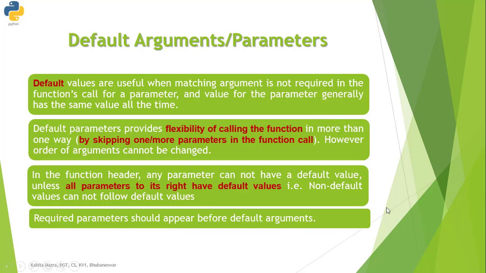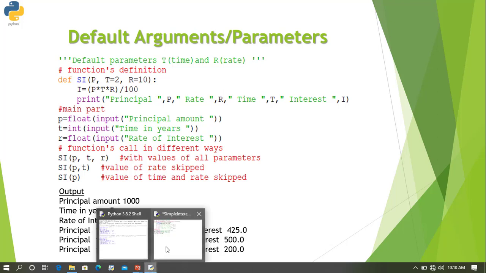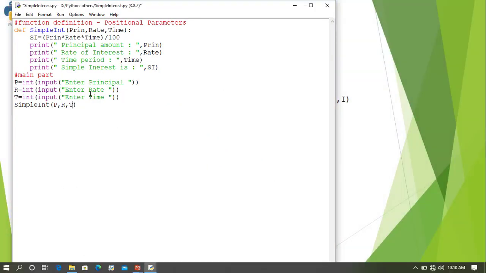And another important thing we have to note is positional or required parameters have to appear before the default arguments. Okay, again let us see the same example of simple interest, live example. And as we have discussed, let us change this program to have a default value for rate.